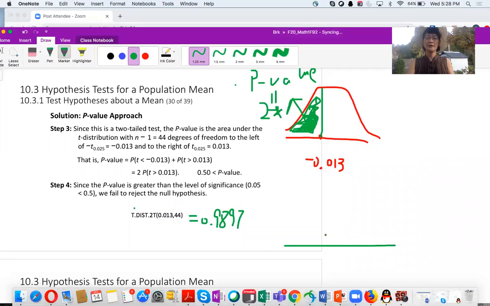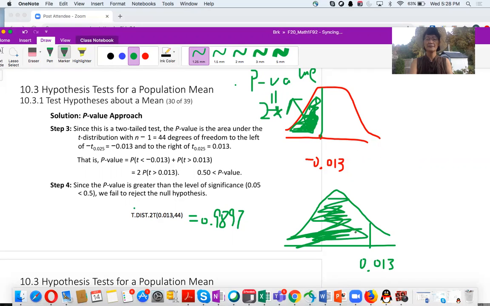Because it is a 2-tailed test, I try to use another symmetric value. If you have negative 0.013, you must have positive 0.013. And both the T distribution table and Excel are based on area to the left for T. So if you have this one, the area to the left is this one here. Okay, so you get this one.